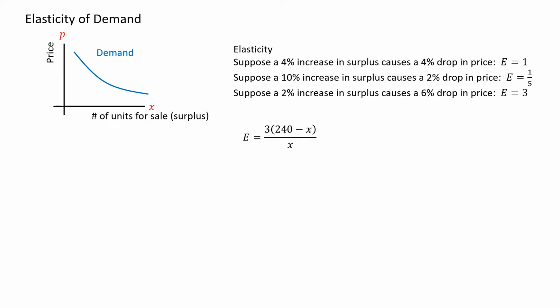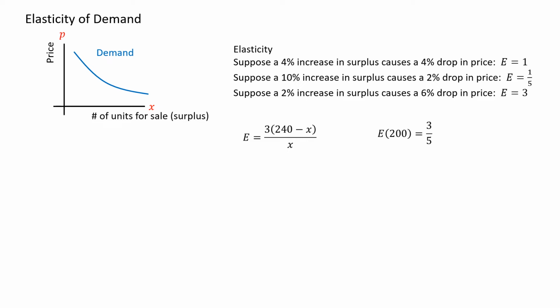And so it's pretty typical for you to have elasticity as a function of x, which is the number of items in surplus. For example, if we were to use this formula for a particular product, suppose we were to plug 200 into this formula. I did the arithmetic, I got 3/5.